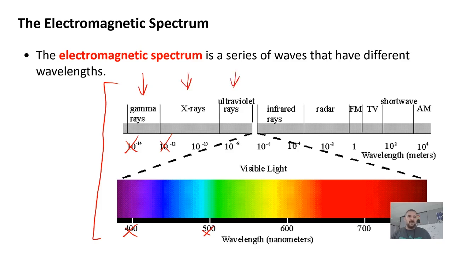And then here at the bottom we have red, orange, yellow, green, blue, indigo, and then violet. I wouldn't just write the letter, I would write the entire color. So let's go ahead and do that. I want to see all of these on your page. I'm going to give you all 2 minutes to get that done.